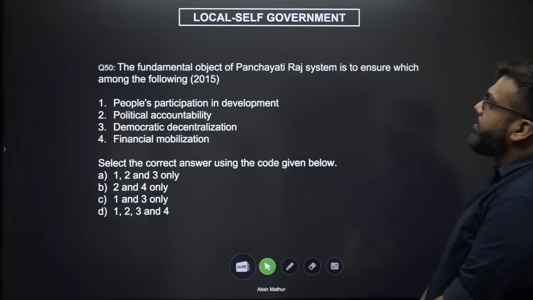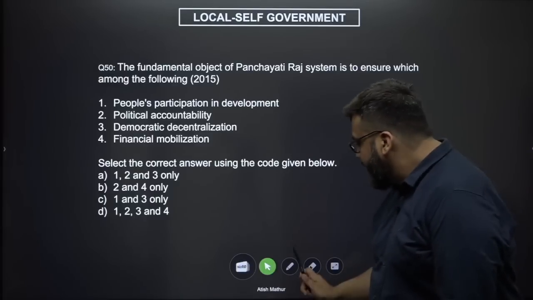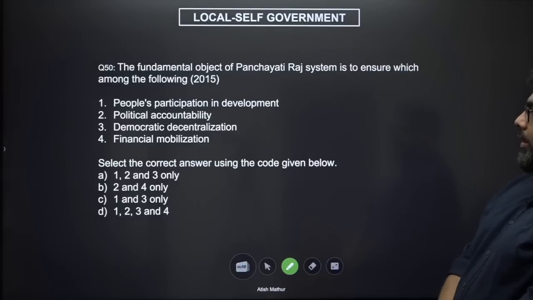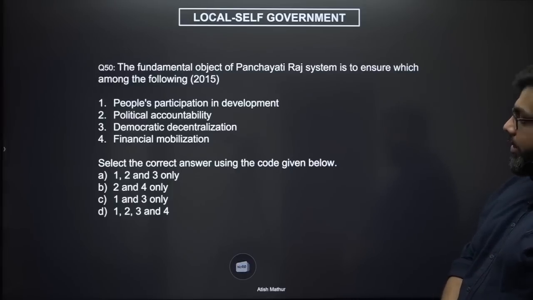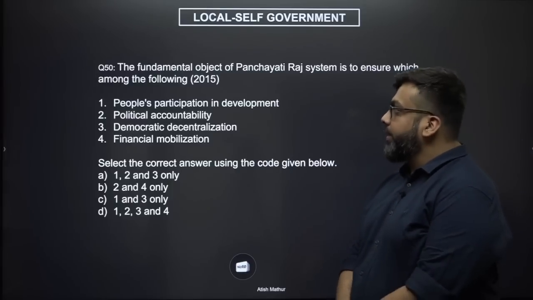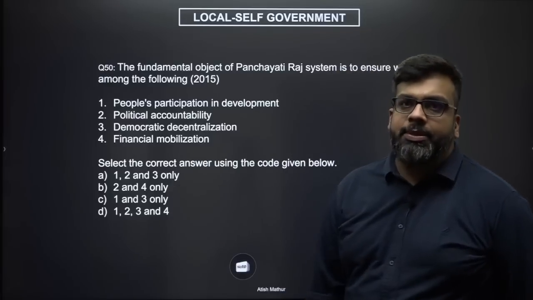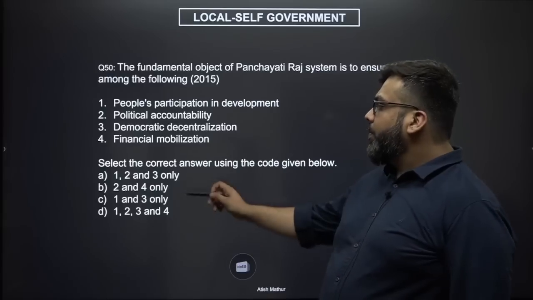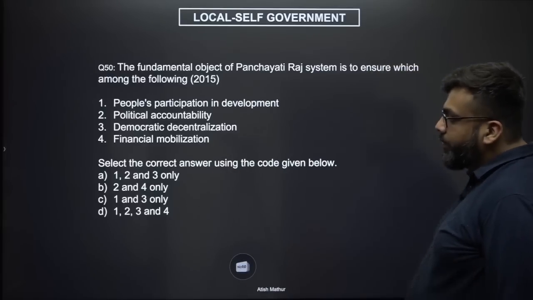The fundamental object of Panchayati Raj is to ensure which of the following? People's participation in development, political accountability, democratic decentralization and financial mobilization. Alright, let's look at the fundamental objective. Let's try and see if we can eliminate certain options based on option combos. You've got 1, 2, 3; 2 and 4; 1 and 3; 1, 2, 3 and 4.